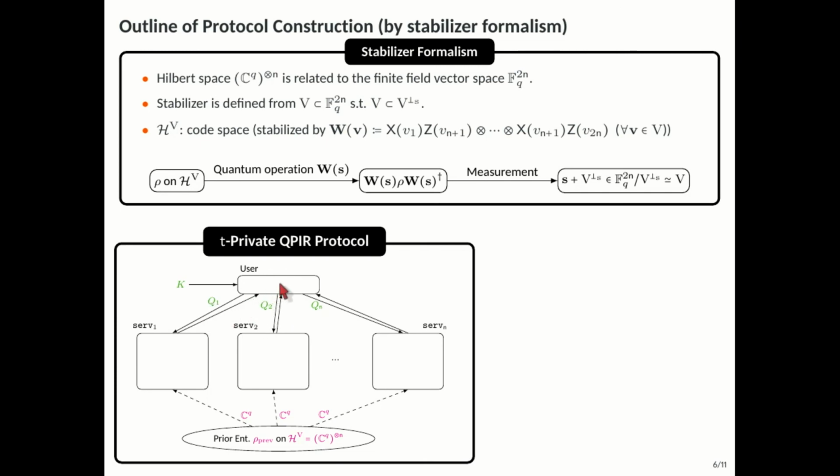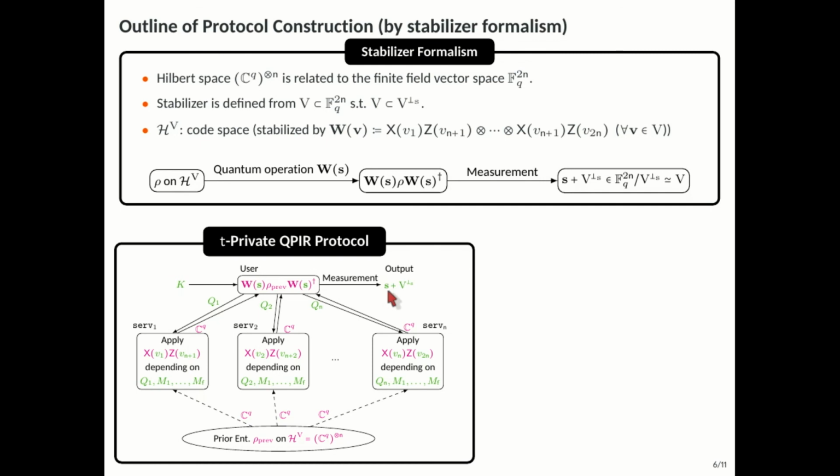And then the servers apply X and Z operations depending on the queries and the information of the files, and send the quantum systems to the user. And finally, the user has this state, which corresponds to this state in the above. And applying the same measurement as above, the user obtains S plus V perp.